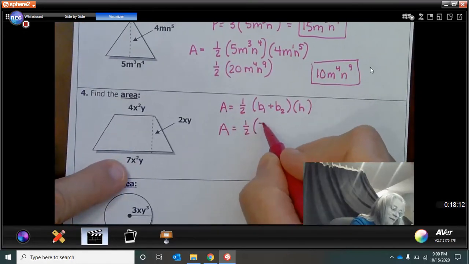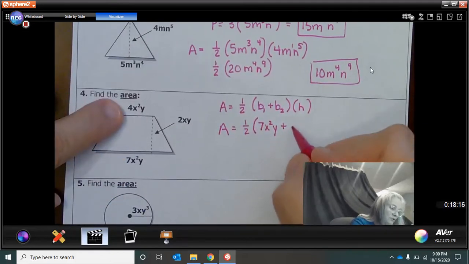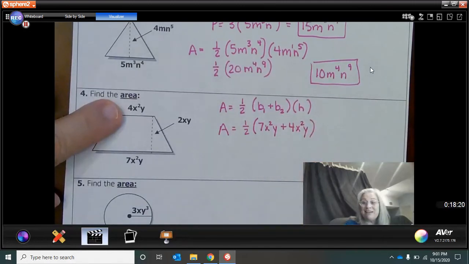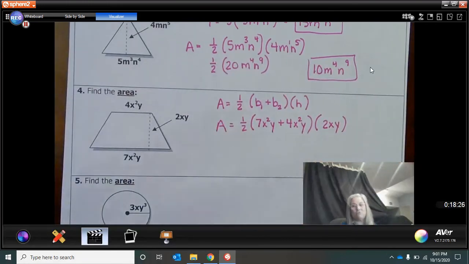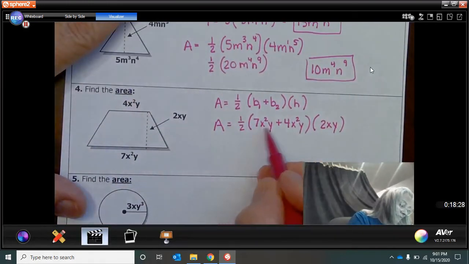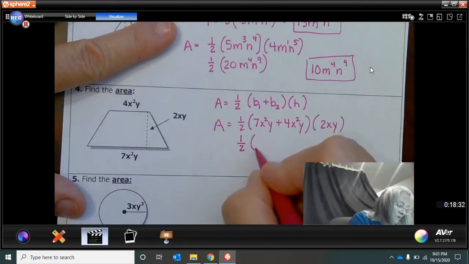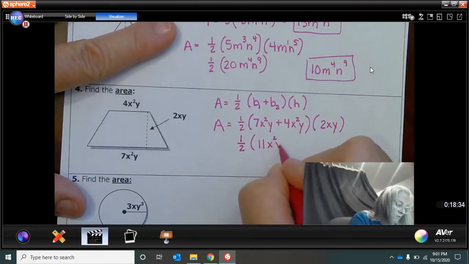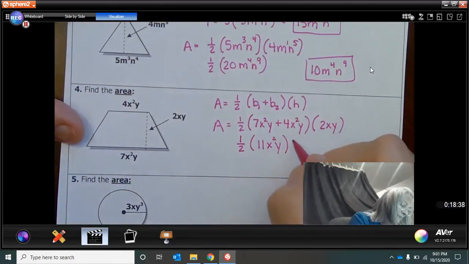So base 1 is 7x squared y plus base 2, which is 4x squared y. Oh, those are like terms. We can add those two together. And the height is 2xy, but we're multiplying that. So we're good with that. So when I add these two together, I end up getting 1/2 times 11x squared y, keep the same exponential powers because they are like terms, times 2xy.